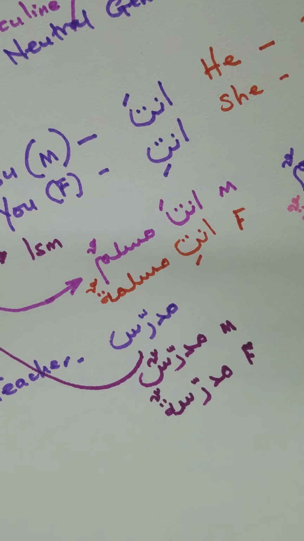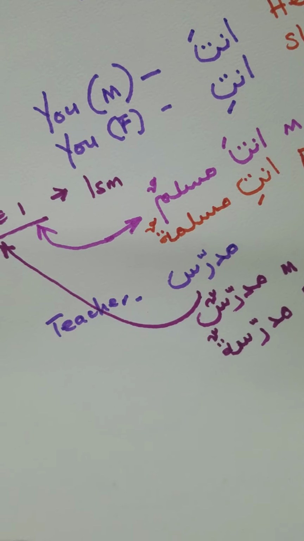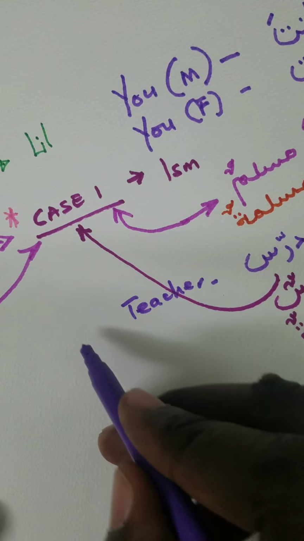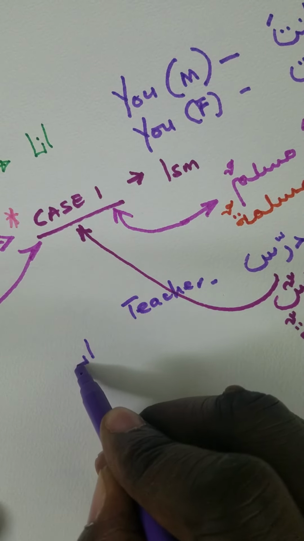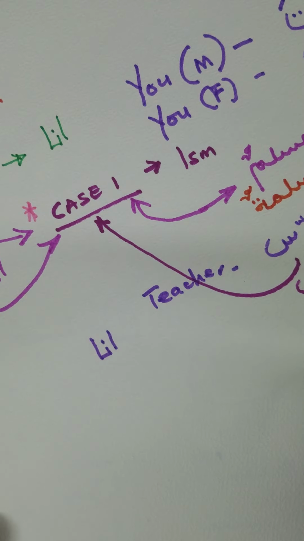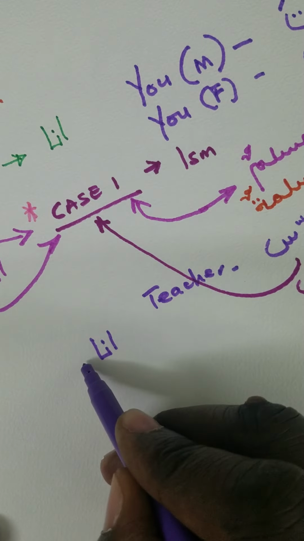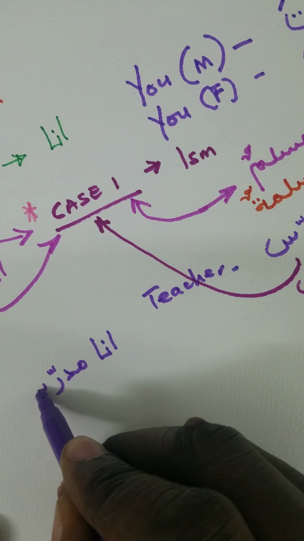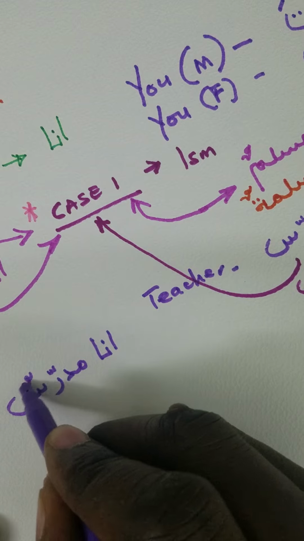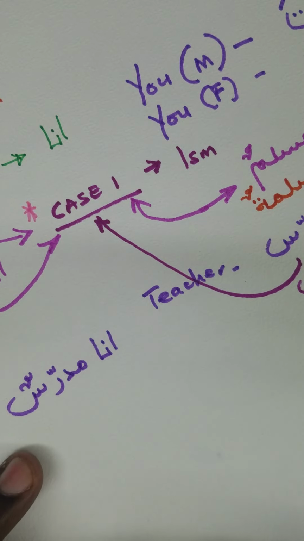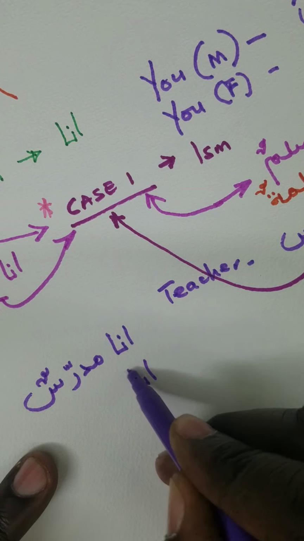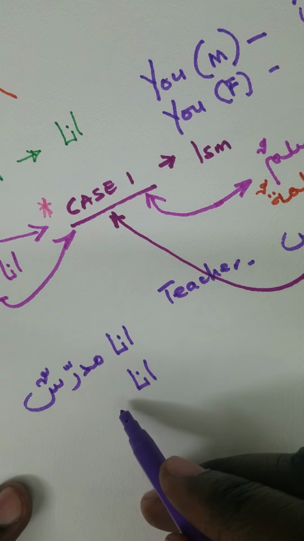So if I want to say "I am a teacher" and I am a man, I will write "ana mudarrisun." But if I am a female, I'll put "ana mudarrisatun."